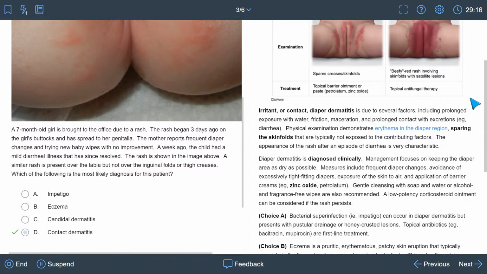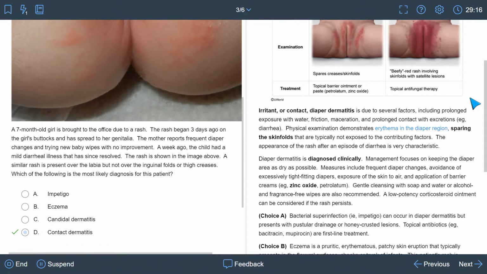Irritant, or contact diaper dermatitis, can happen when you have prolonged exposure with water, friction, or prolonged contact with excretions such as diarrhea. You're going to see erythema in the diaper region that will spare those skin folds that are typically not exposed to whatever is contributing to the rash itself. So the appearance after a diarrheal episode is actually quite common.